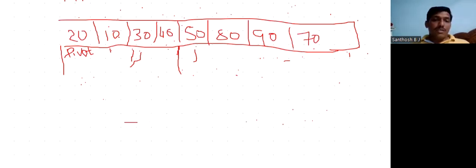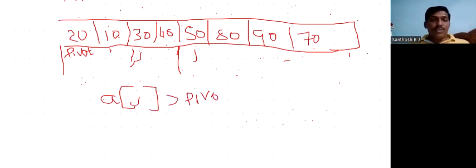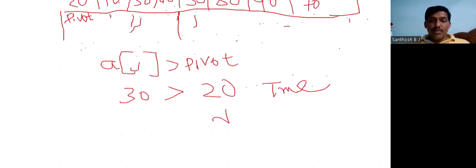The j condition is A of j is greater than the pivot value. What is the value of j? Also 30. 30 is greater than 20? Yes, the condition is true. You decrement your j value.